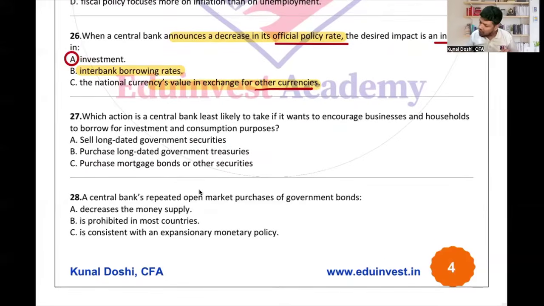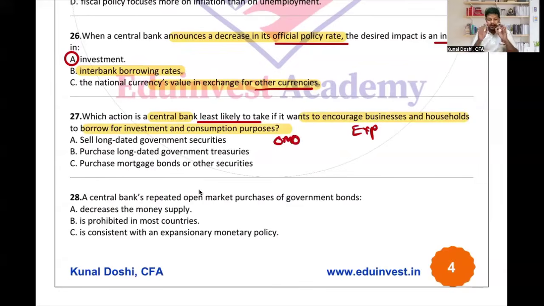Which action of the central bank is least likely to be taken if it wants to encourage businesses and households to borrow for investment and consumption? Means they want to make the economy expansionary. Which one is not expansionary? Okay. Sell long-dated government bonds. First of all, this is OMO, right? Central bank's OMO operation. Buying and selling of bonds is OMO.